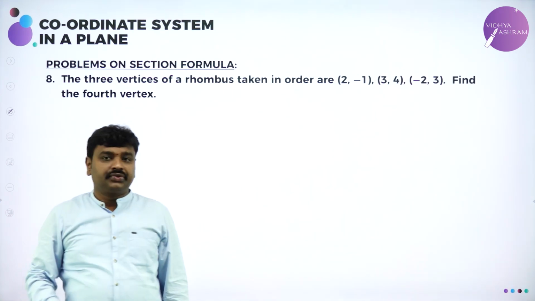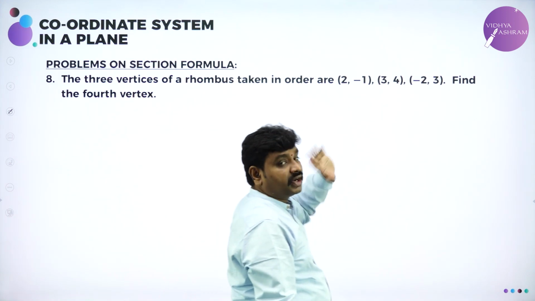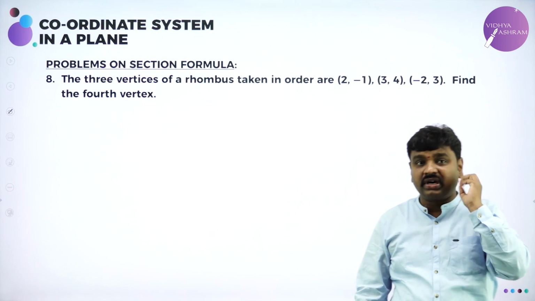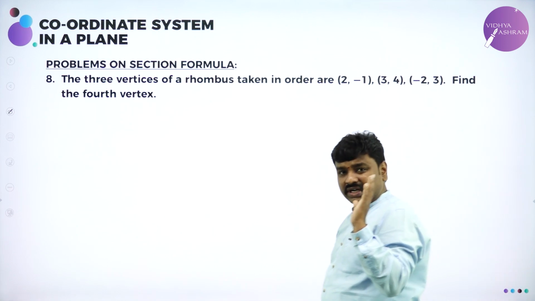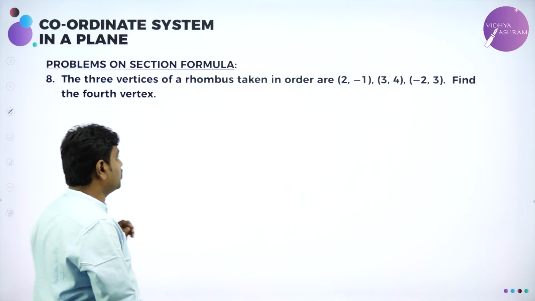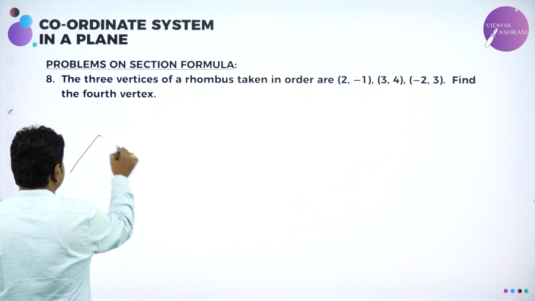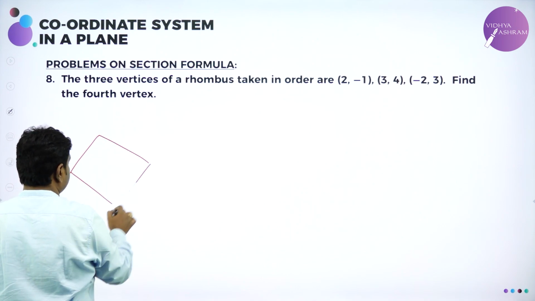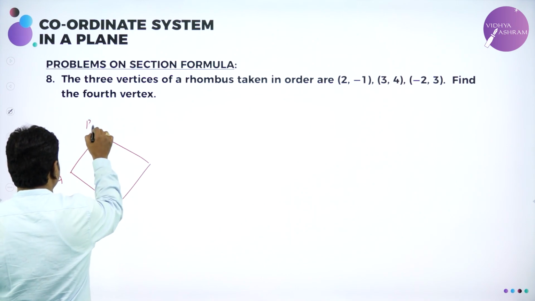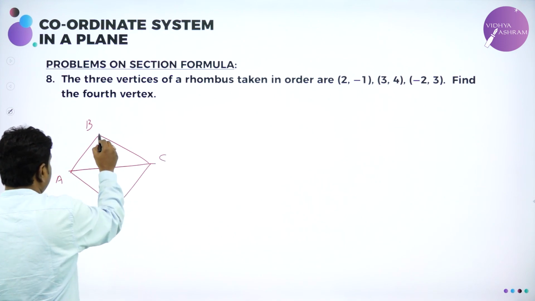Now, next. The three vertices of a rhombus are given in order, and they want you to find the fourth vertex. The concept is simple. The diagonals of a rhombus bisect each other. If I draw a rhombus and name it A, B, C, D, you know what the diagonals are: AC is one diagonal, BD is the other diagonal.